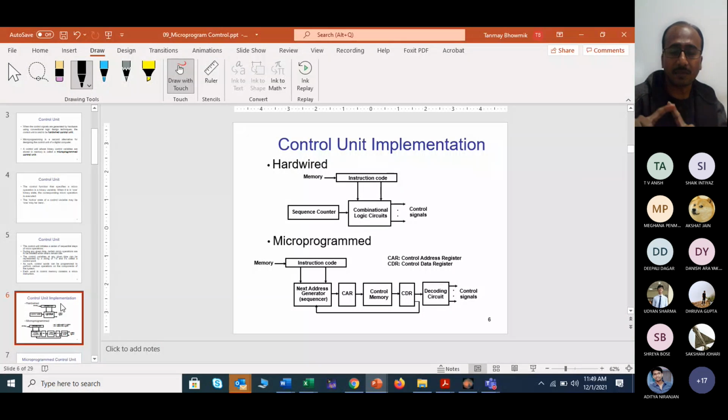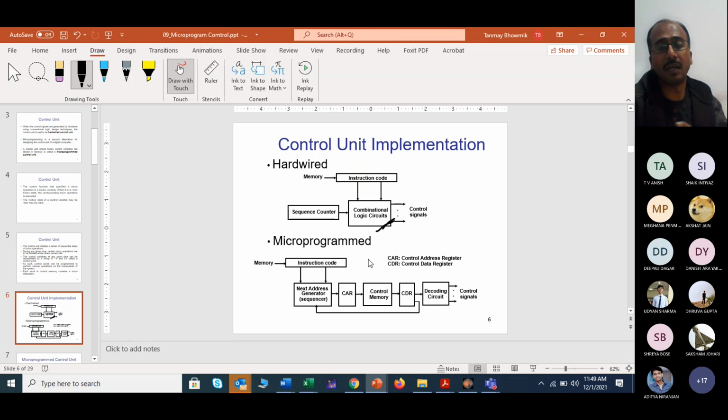Now, in the pictorial representation of a hardware control unit, you can see that from memory the instruction codes are coming, in both cases, and then through some combinational logic circuit. As in a hardware control unit, you are using design methodologies, logic techniques and hardware design techniques to design it. That is why this combinational logic circuit part is here.